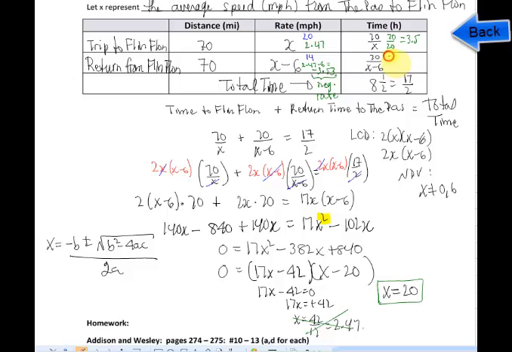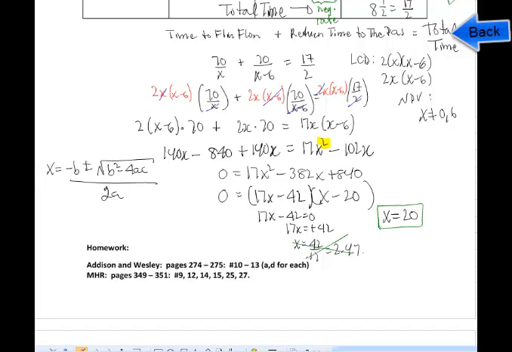And if I get 70 over, and I worked out x minus 6 to be 14, then I get 5. Okay, and does 3.5 plus 5 equal 8.5? Yes, it does, so you know you're right.